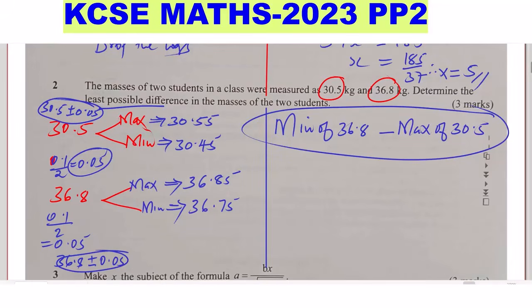So what is the minimum of 36.8? The minimum is here 36.75. Maximum of 30.5 will be 30.55. When you subtract these, you'll get 6.2. And that is the least possible difference in the masses of the two.